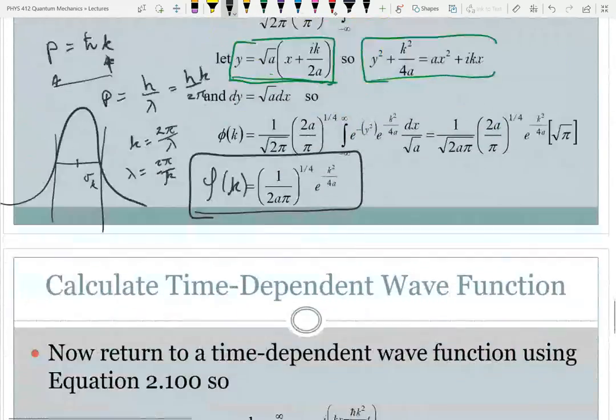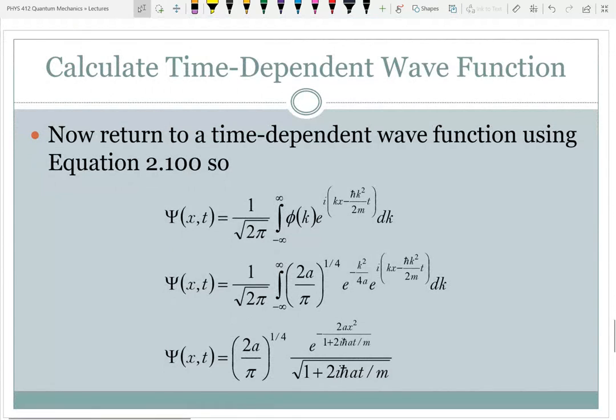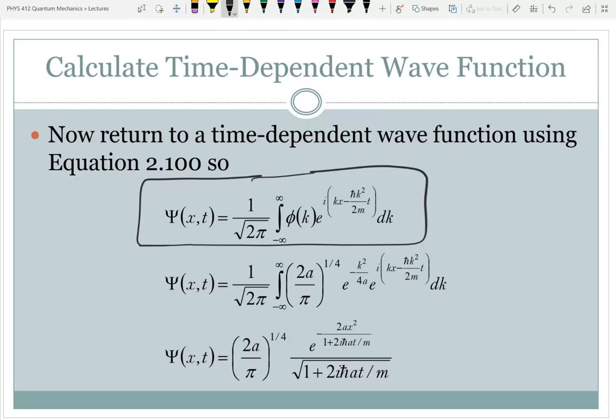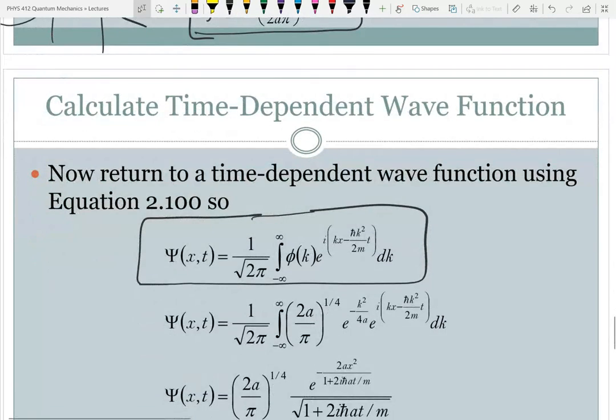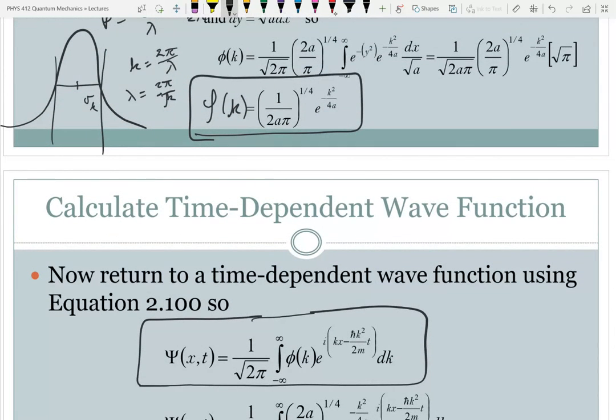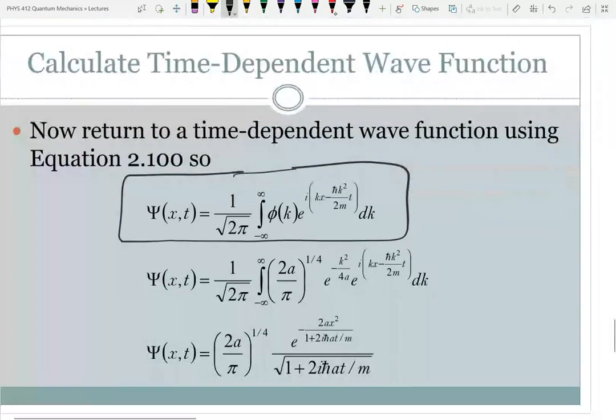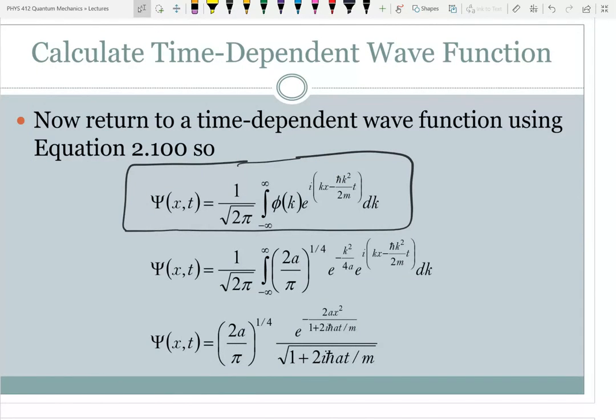And so to get the time-dependent solution, now we go back to this equation that I had on my Fourier transforms page, which is equation 2.100, and we do the calculation. And when we do that calculation, if you put in the phi that we just found, 1 over 2a pi to the 1/4 power, so I should have, where am I, 1 over 2a?